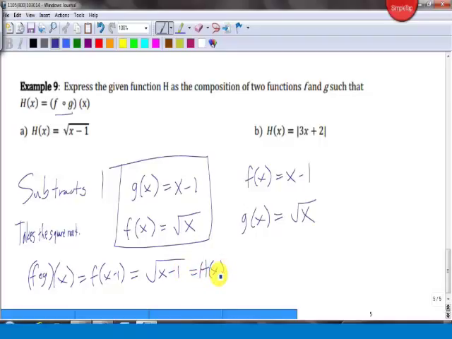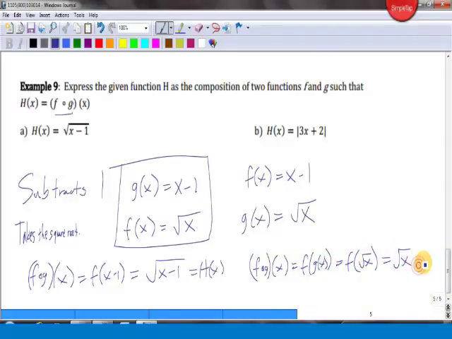If we reverse it, or I guess I've relabeled them, if we try f composed with g of x in this case, it would be f of g of x, which is f of the square root of x, which is the square root of x minus 1. F takes the square root.